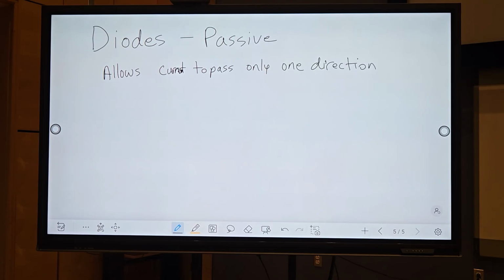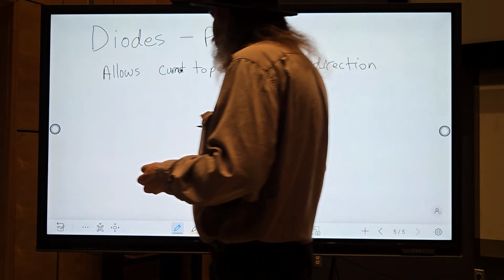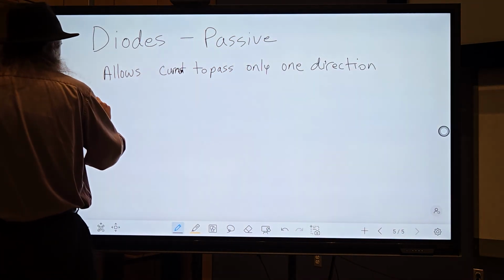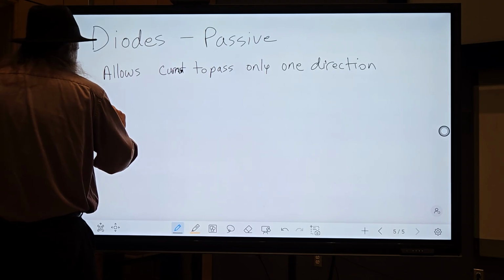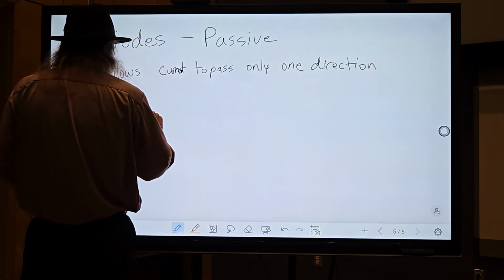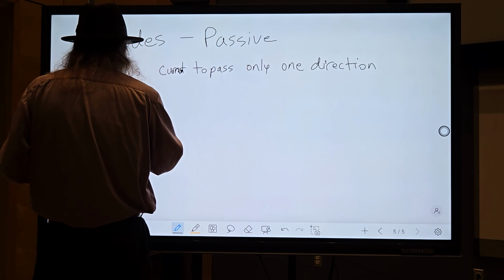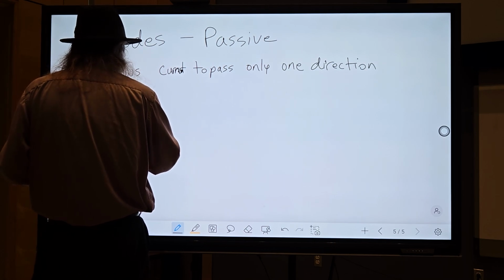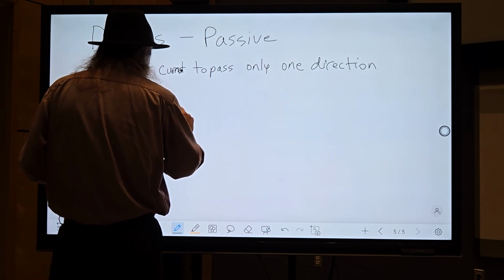Most of the time, it is used for the rectification of AC signals in power supplies.